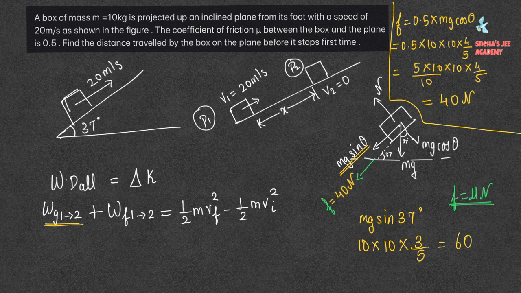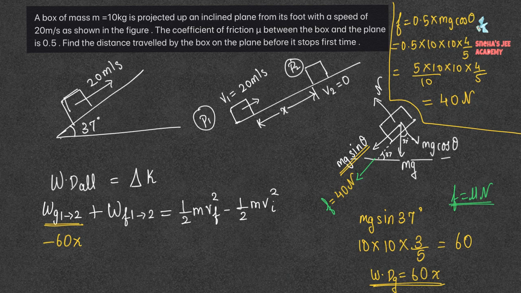As work done is force into displacement, the work done by gravity is 60x, and as this is in the opposite direction of the motion of the block, we take it as minus 60x.